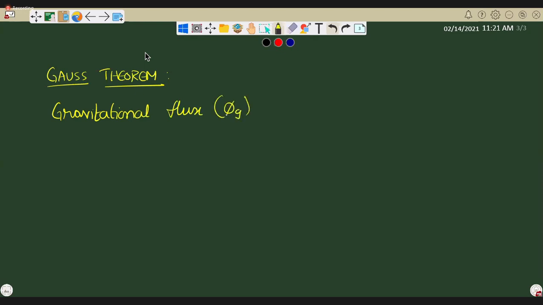There is something called gravitational flux, which is given by field dot dA.